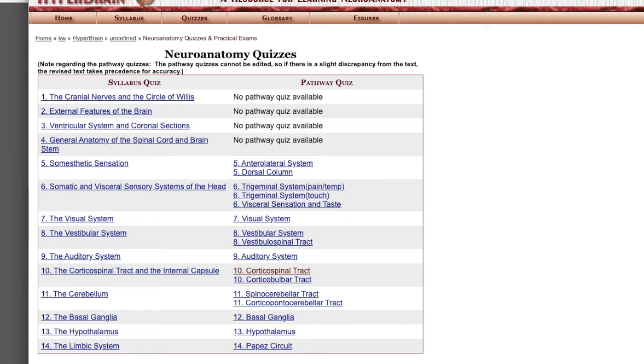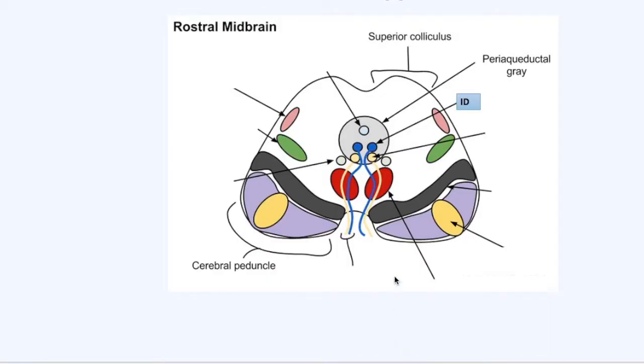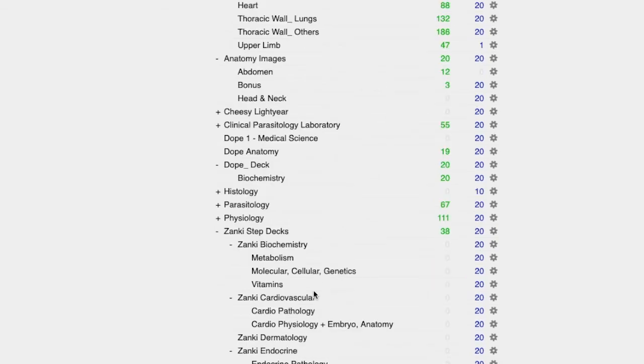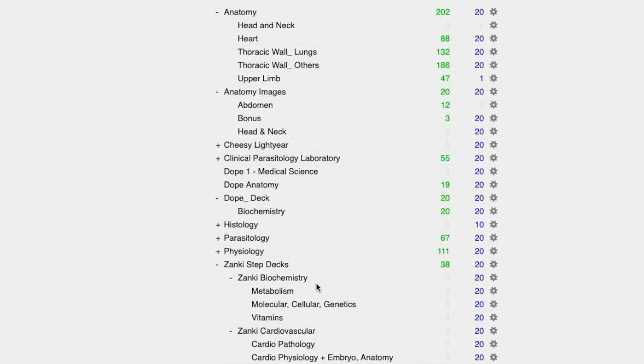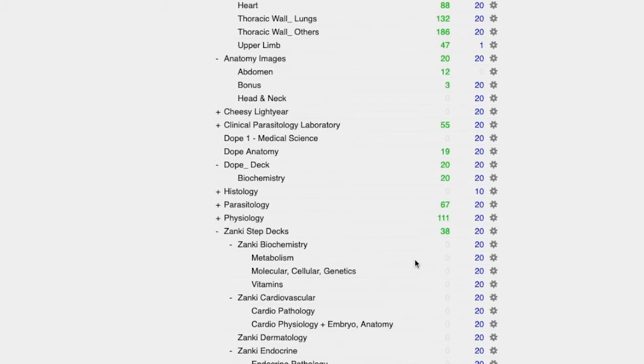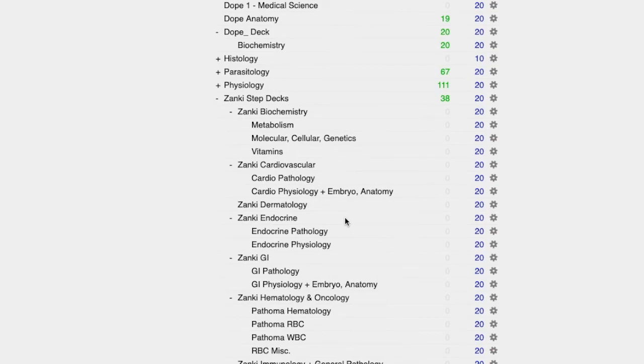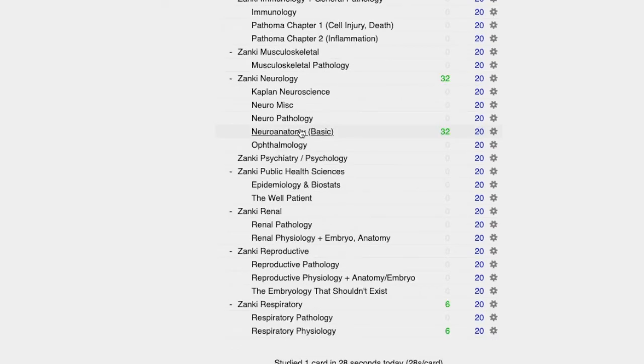Another go-to tool that I have is my Anki. See, I have a lot of decks due, and I'm focusing specifically on the neuroanatomy section. I will show another video of how I came up with my Anki decks and how I create my own.